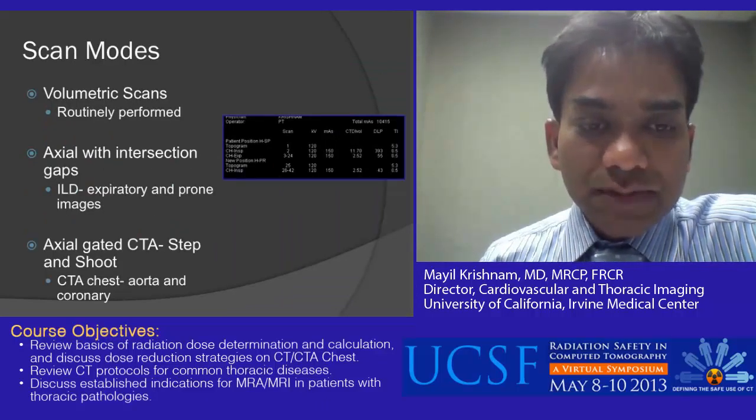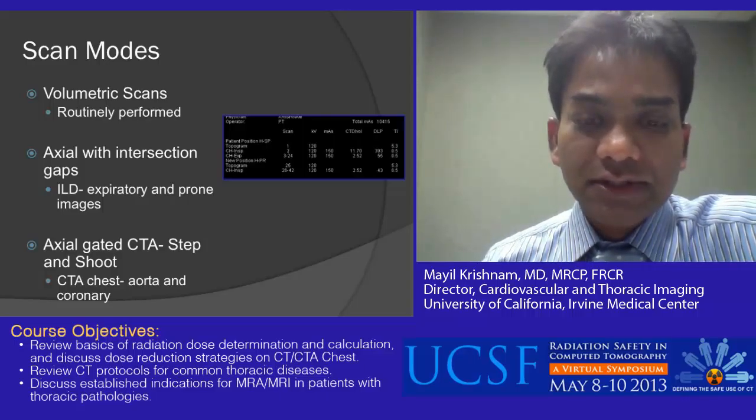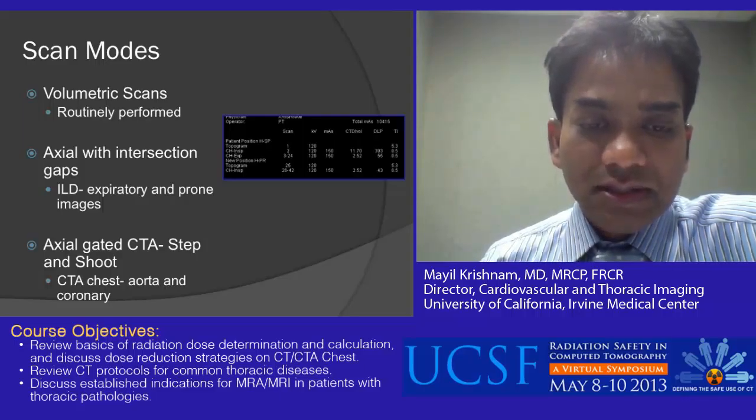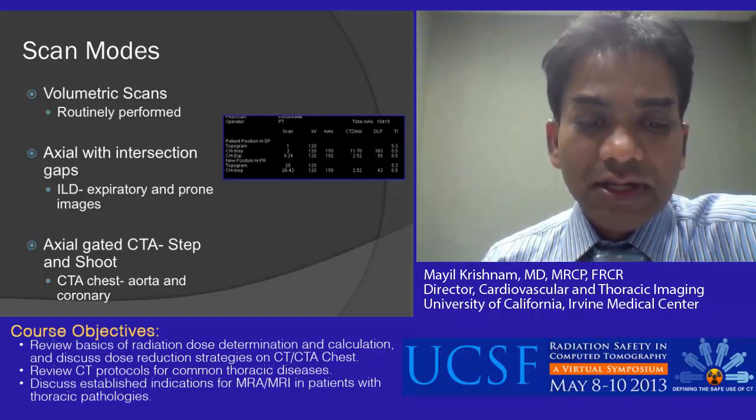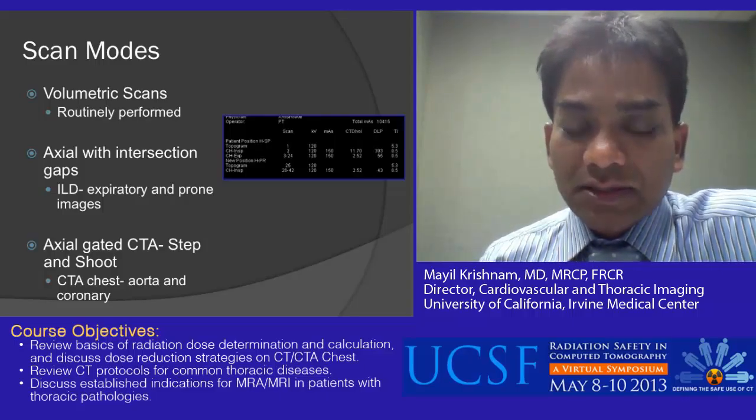Coming to scan modes, we have volumetric scans, which are routinely performed for CT chest. However, we have axial scans with intersection gaps, which can be used for diffuse lung disease, especially in interstitial lung disease patients, to assess the expiratory and prone images.